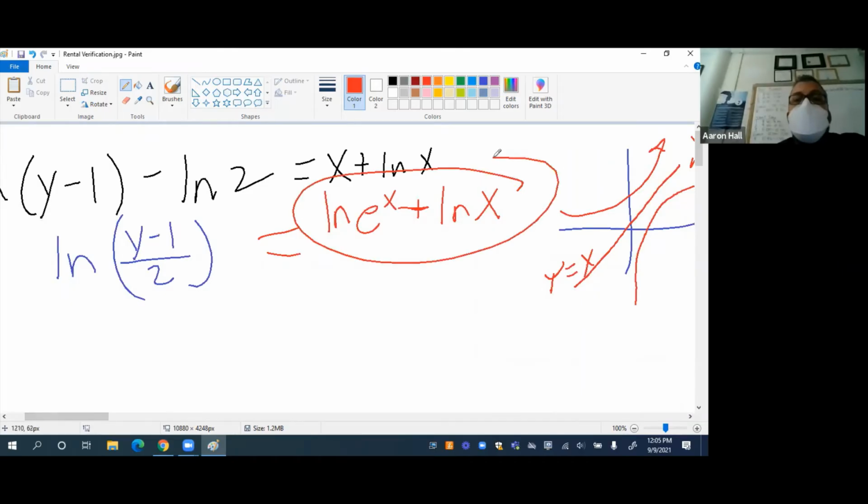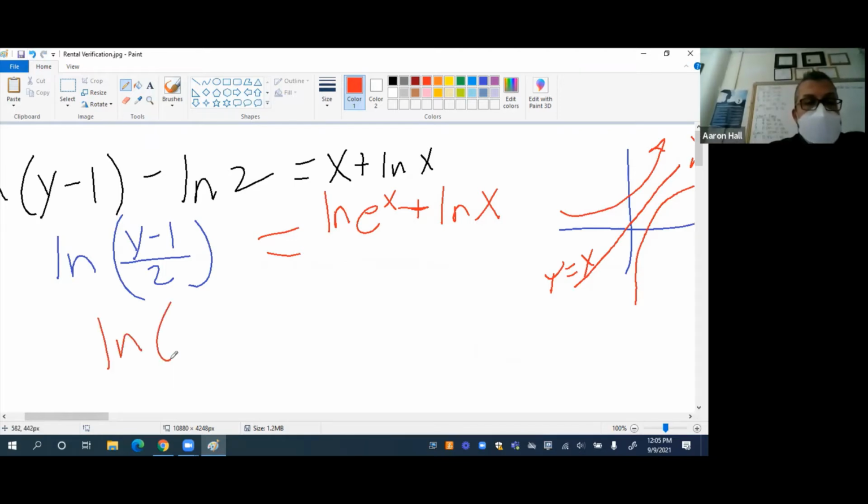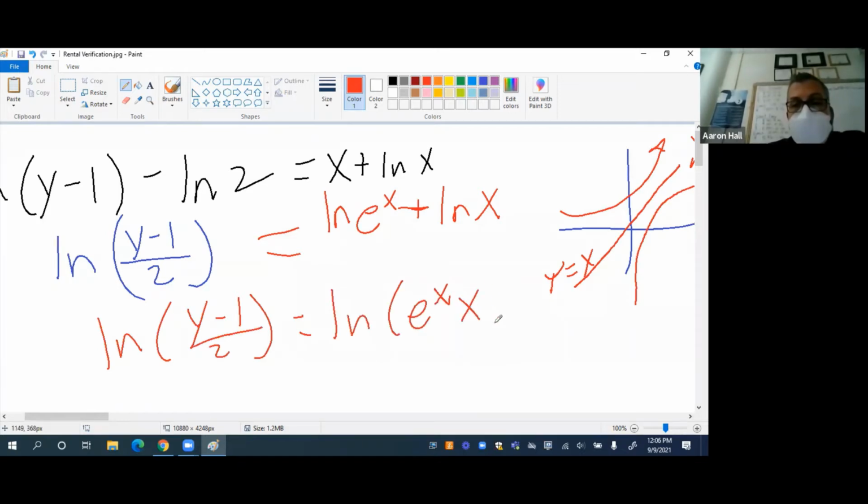So I should be able to put these together. How? Yes, so I have ln of e to the x times x.